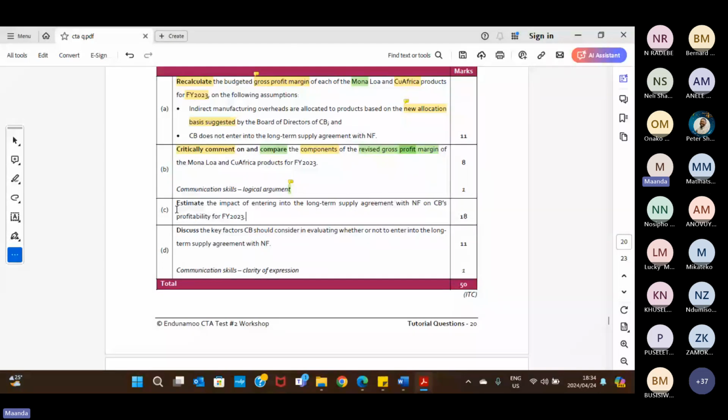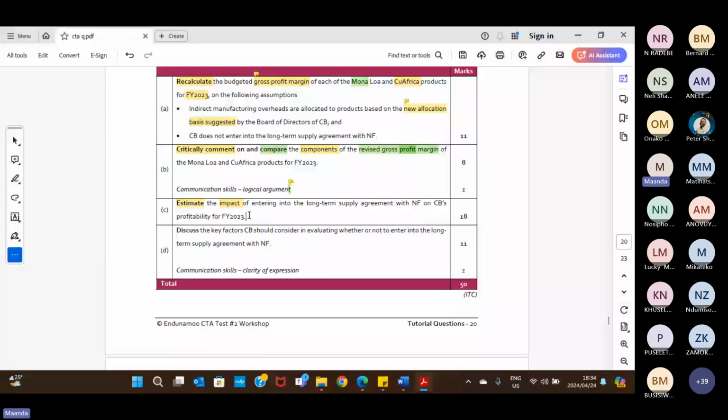So number C says estimate, right? So I'm dealing with estimate. Estimate the impact. And what is impact? Impact means that there's something coming in which is going to disrupt what was there and cause an impact. So if I'm calculating this impact, whether it's an impact on cost, on profit, or on revenue, it means that once I have this product coming in, I'm going to get additional revenue from it.